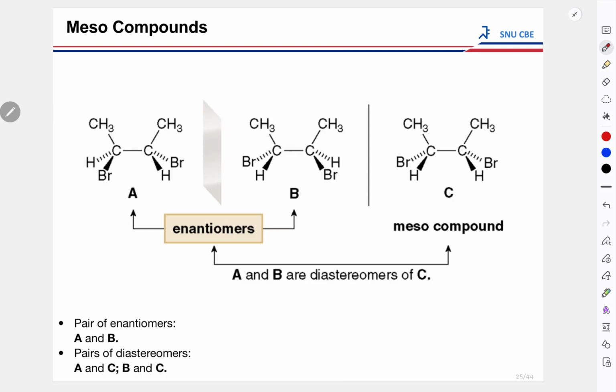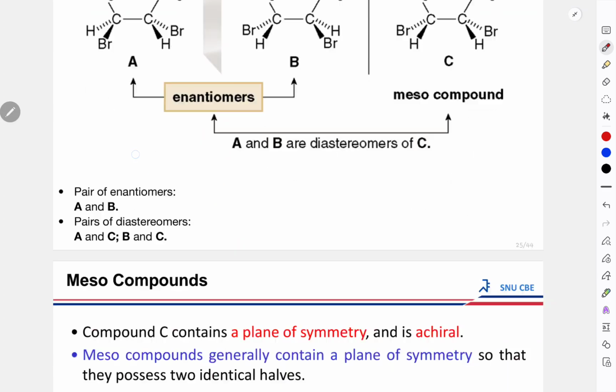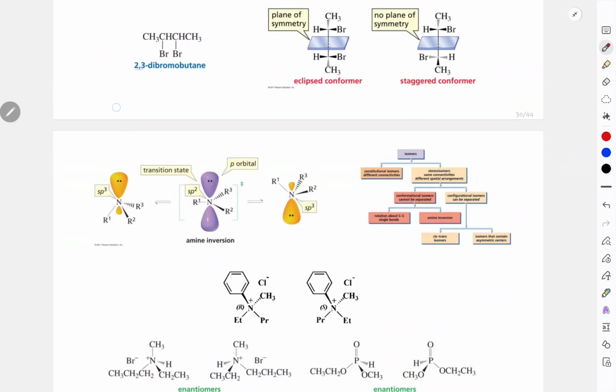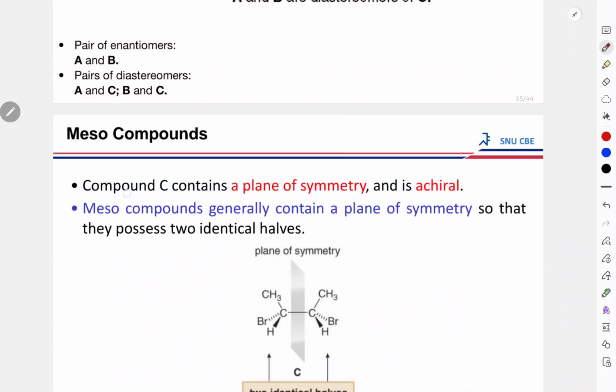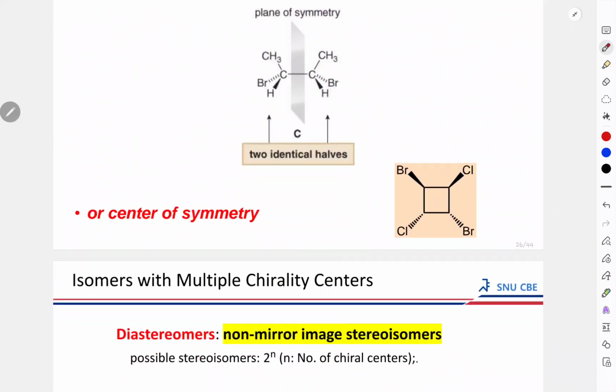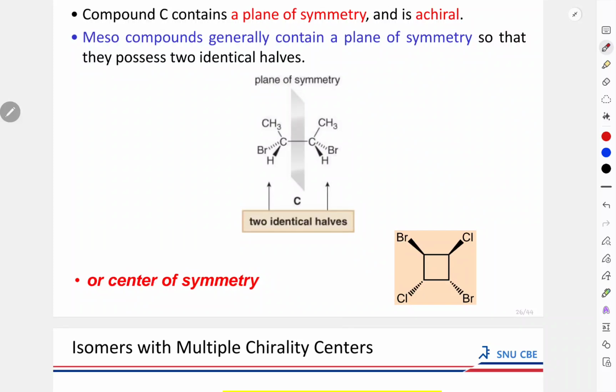Okay, so if the compound or molecule has a plane of symmetry or a center of symmetry like this molecule, for instance, then you'll find this molecule is achiral. Its mirror image will be superimposable on it. You can try to draw the mirror image, and then if you rotate it, you will find these two are exactly the same.